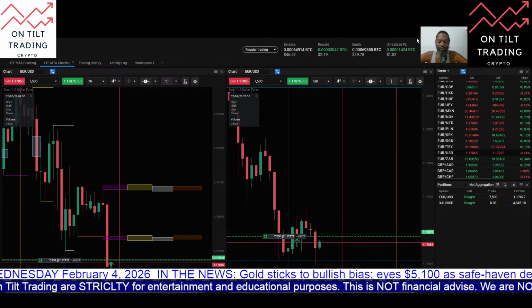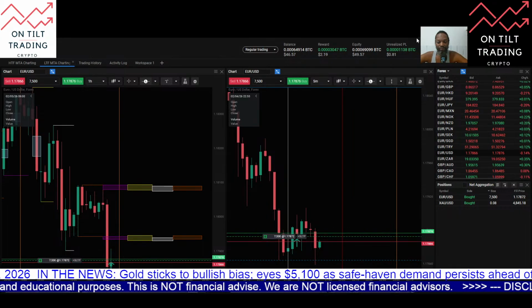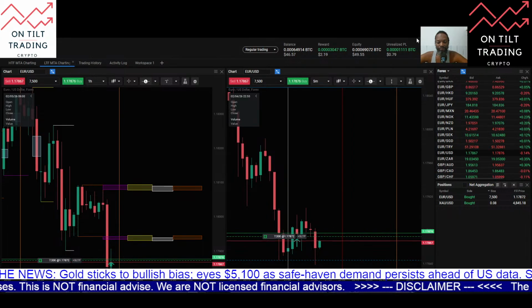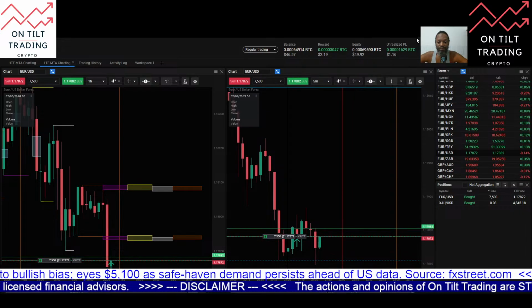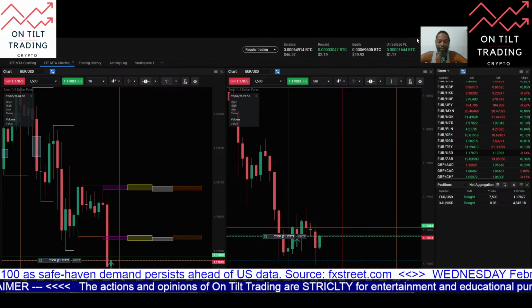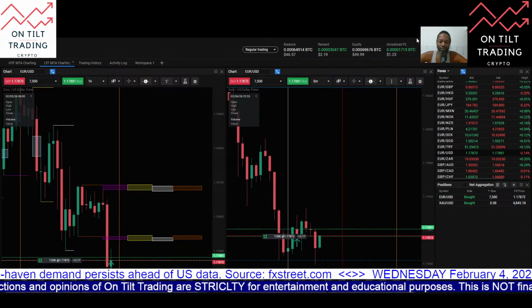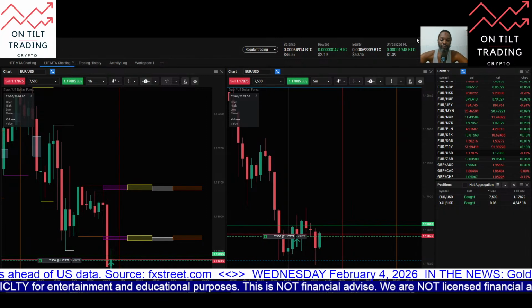And starting to see some buy side delivery here in euro dollar. Price now just above my entry, consolidating here with my entry in between the bid-ask spread. And now price above my entry here.